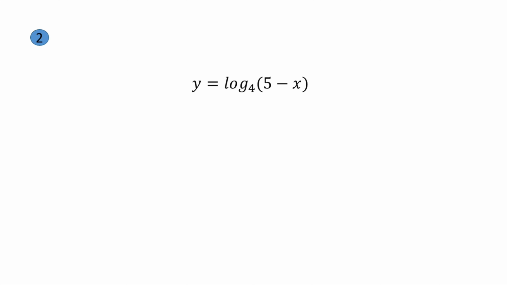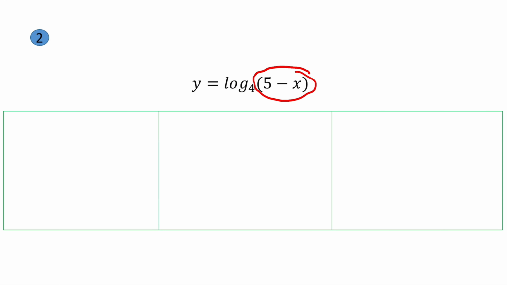We have the given function y is equal to the logarithm of 5 minus x with the base 4. So, in our step 1, we will equate the expression of the logarithm so we can come up with whole numbers that can easily be plotted in our Cartesian plane later. So, we will name the expression of the logarithm in our given, that is 5 minus x, and we will equate that to 3 different numbers.